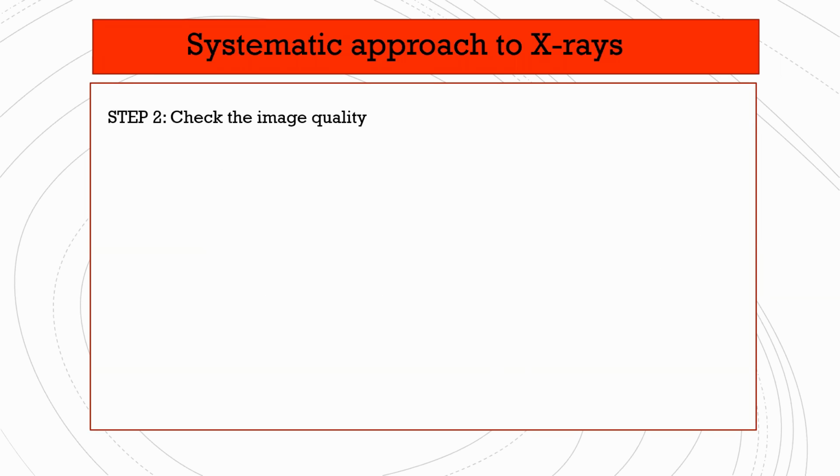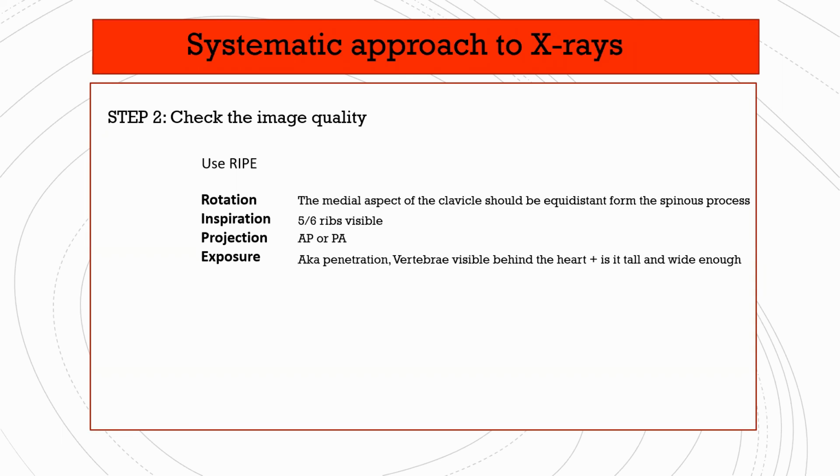Now, step 2. Check the image quality. There is an acronym called RIPE, okay? This stands for rotation, inspiration, projection, and exposure. Rotation is literally, is the patient rotated or straight ahead looking at the camera?